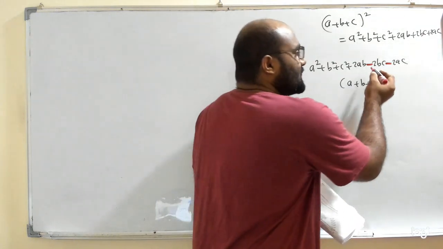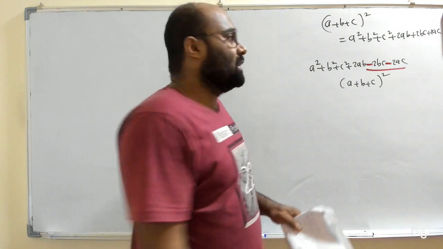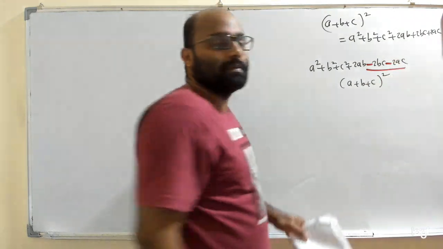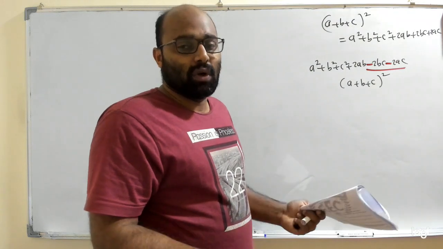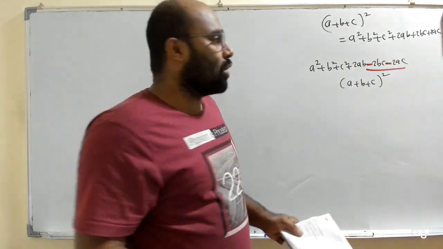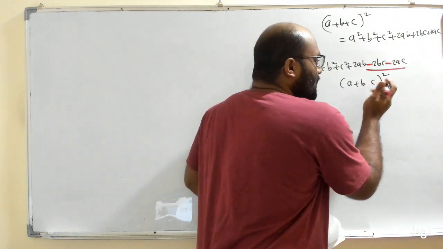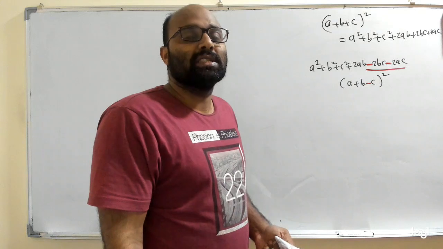So in this case, you have to check which variable is common, not the number. In this case, c is common. Please check in the negative terms which variables are common. c is common, so for c you have to keep a negative sign. a plus b minus c will come.